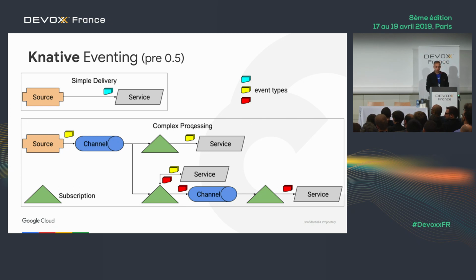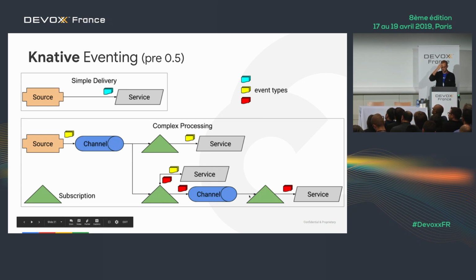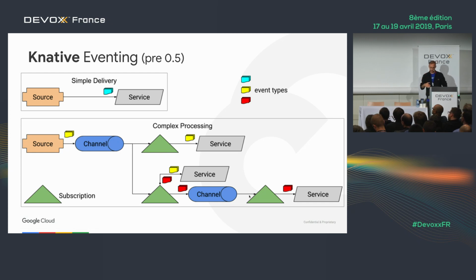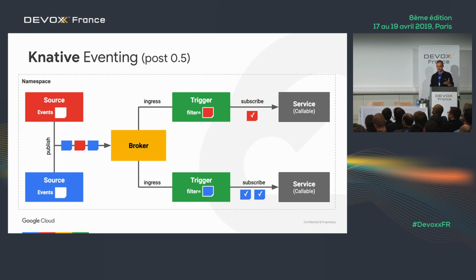And then people who are interested in those messages in the channel subscribe to it. Just like in JMS, a service can subscribe to a channel, another service can subscribe to a channel, and then you can also chain these channels so that once you process this message, it can go to another channel where other services can also subscribe. So that's how the model was, and that's what I'm used to, and I kind of know the details of these. But then in 0.5, they changed it all.